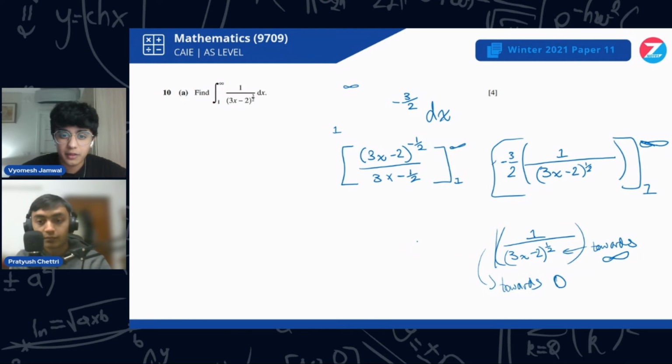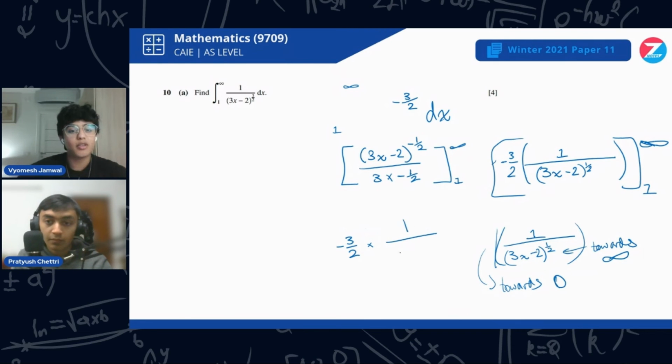And then after that, we could just put in the value of 1 here instead. So 3 minus 2 to the power of half, which is 1, times negative 3. So it's basically 0 minus negative 3 upon 2. Because if we put 1 there, that would just be equal to 1.